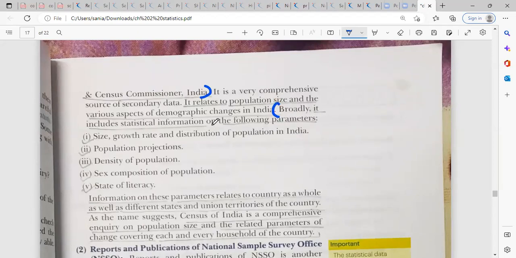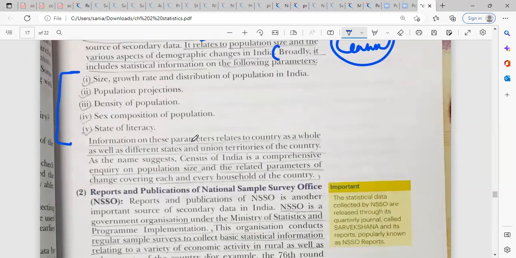Then you will write this. Broadly, it includes statistical information on the following parameters: size and growth rate of population, distribution of population in India, population projection, density of population, sex composition of population, and state of literacy. Clear? So if you want to collect data related to these topics, you should visit the census website. And information on these parameters relates to the country as a whole as well as different states.